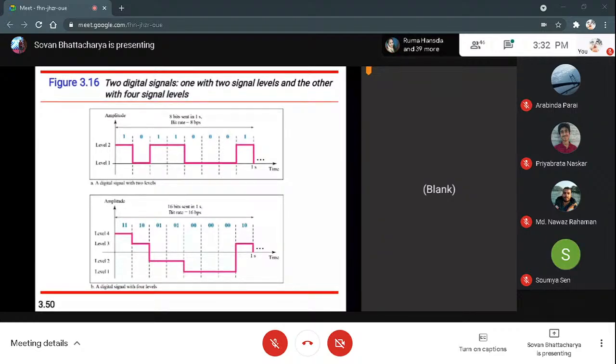And if it is 0, that is level 1. And this is your 0 part. Then the 1, then 1 at plus 5 volts, then again 0, which will be downward, 0 0 0, and then 1.